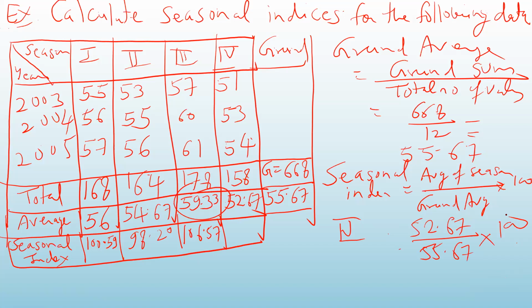So 5267 divided by 55.67 will give you 94.61. So in this way, you can find out the seasonal index for all the seasons.